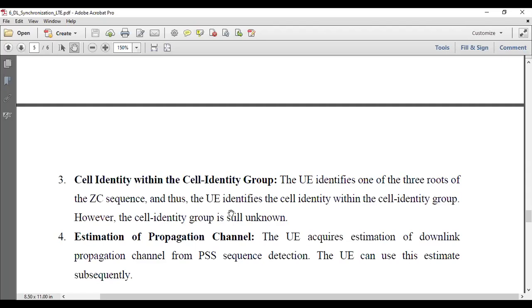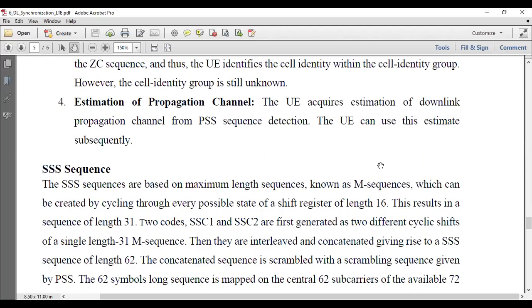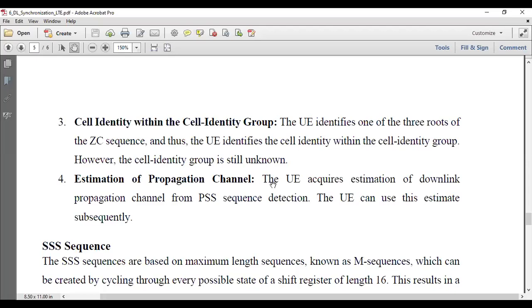The propagation channel always distorts it a little bit, but you know what you should receive. So from the difference, you can estimate the propagation channel. The estimated propagation channel can be used for recovery of other data, so you can use this estimation in subsequent activities.